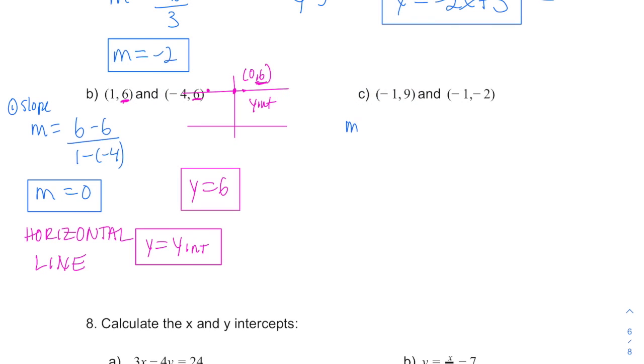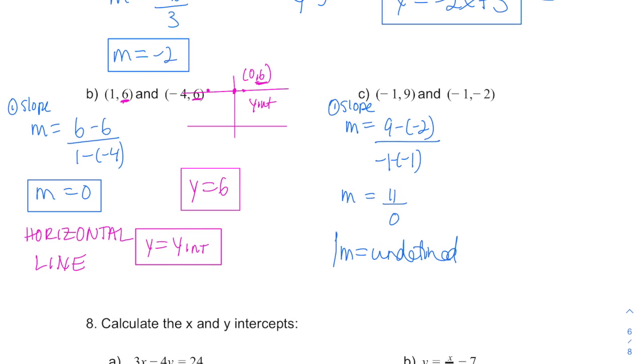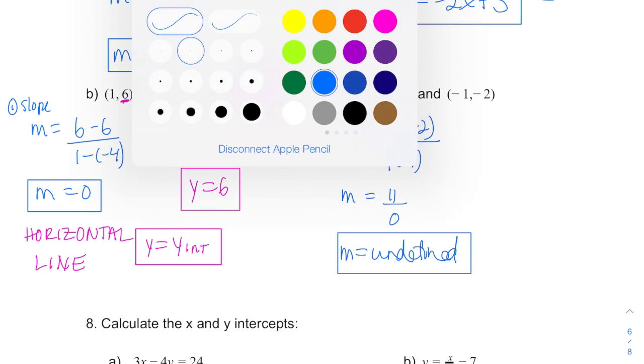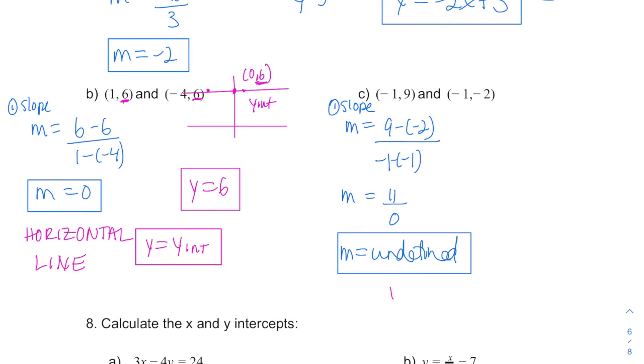So let's have a look at this last example. Again, we're going to start with slope and see where that takes us. So here I get 9 minus -2 over -1 subtract -1, which is 11 over 0. So we know that our slope is undefined. And if ever our slope is undefined, it doesn't mean that there's no line. That's not what it means. We know that an undefined slope means that the line is vertical.